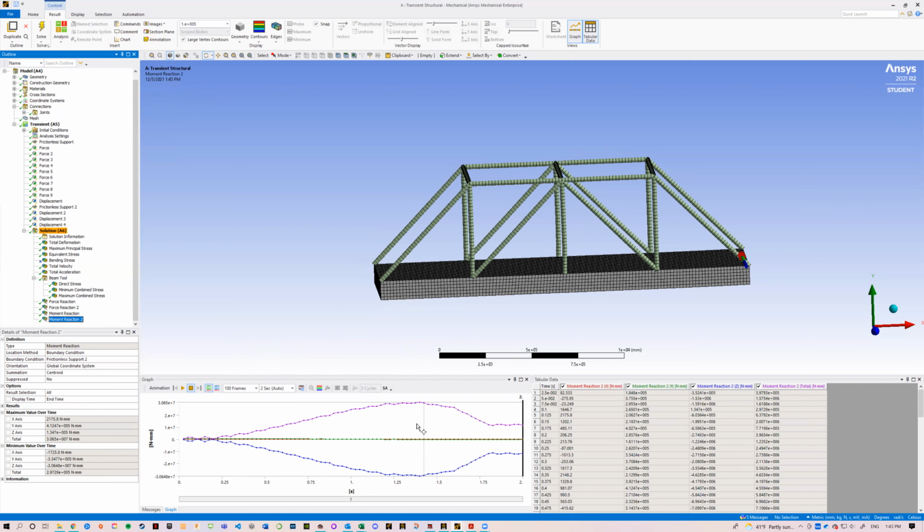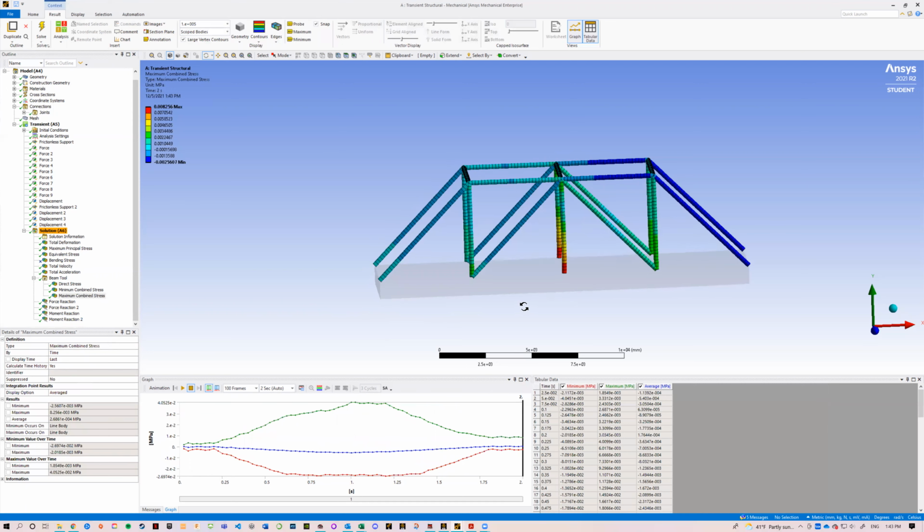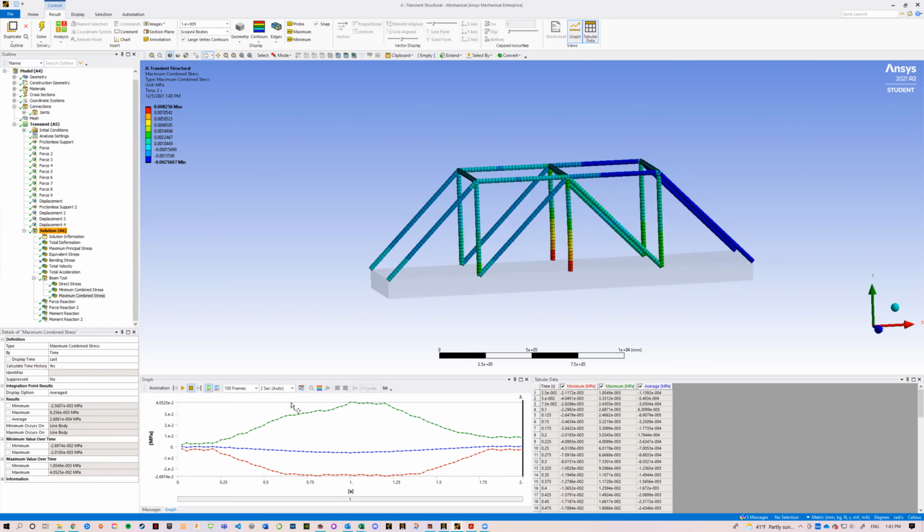And then on the other side, we get a slightly smaller number. Still pretty big. But again, the maximum combined stress in the beams is still well within reason. Just 10 to the negative second megapascals.